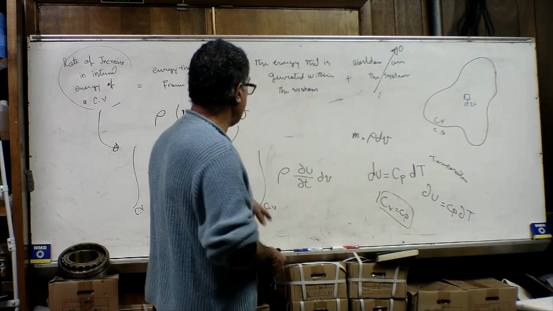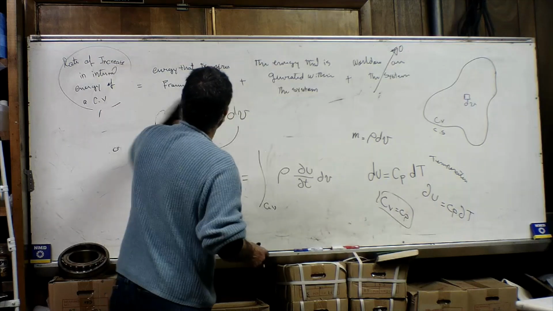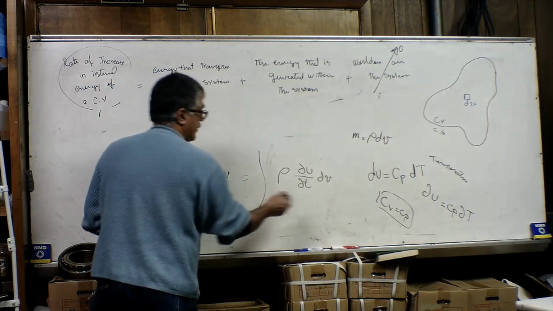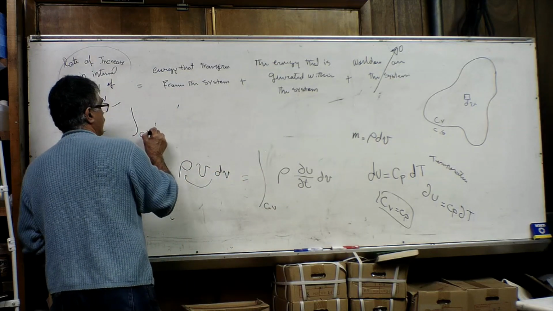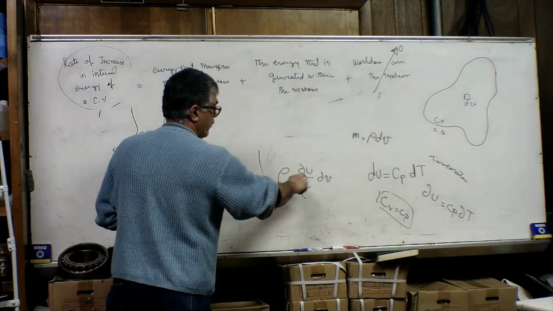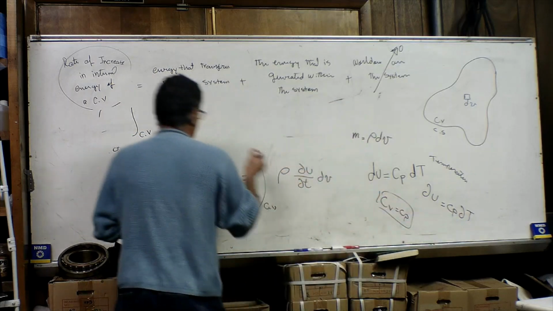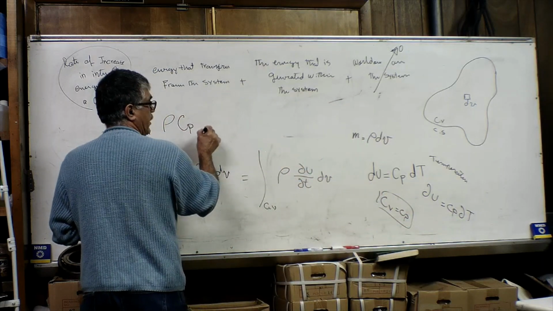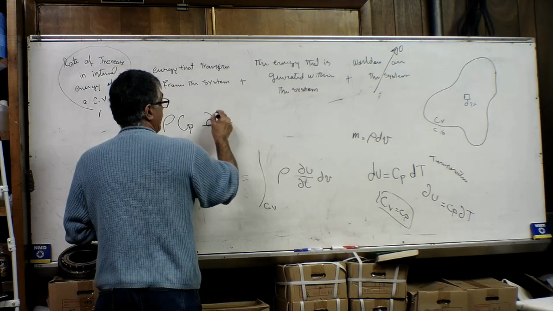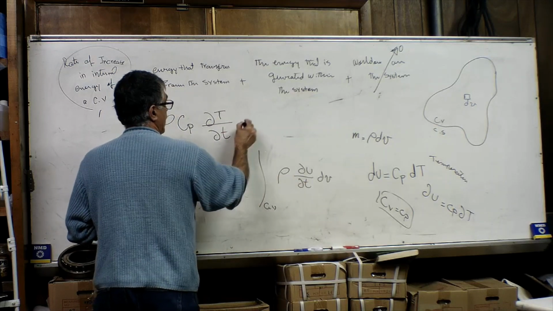So let's plug that in here. We can write this portion as the integral over the control volume of rho Cp times the partial derivative of temperature with respect to time dV.